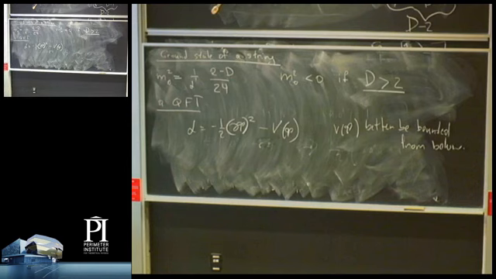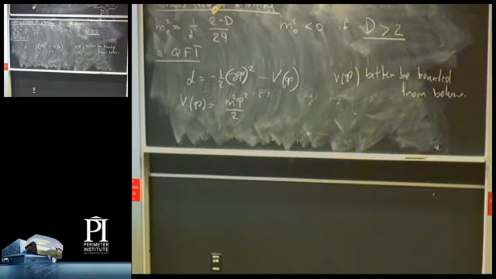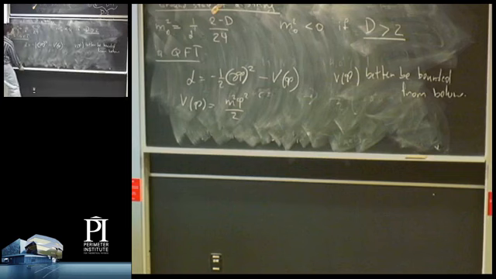And so in order for my quantum field theory to make sense, V of phi better be bounded from below, right? Because otherwise, if it's unbounded, then I can never construct a bound state. I can never construct normalized wave functions. So my Hilbert space will not contain that. Well, there will be no normalized excitations.